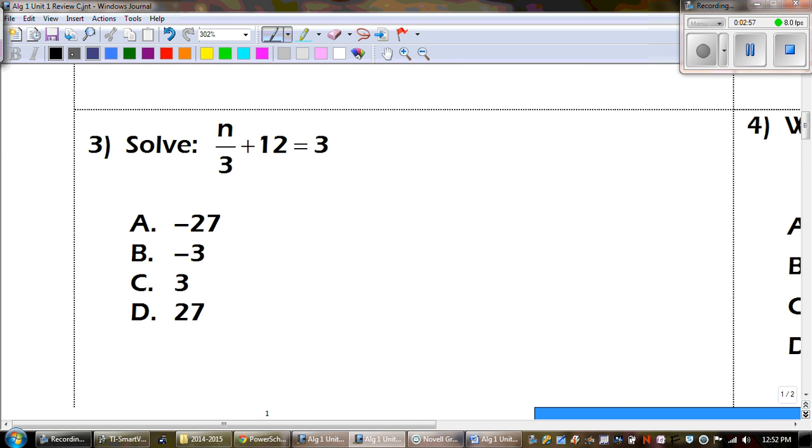All right, number 3. We need to solve. When we're solving, we need to follow the rules of, that's right, SADMAP. So we have to cancel addition or subtraction first. I see addition, so I'm going to cancel it with subtraction.